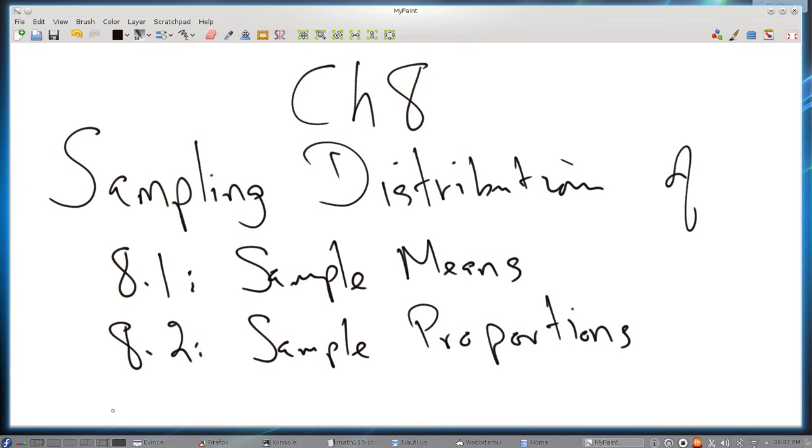sample proportions. Now, up to this point, we have studied quite a number of distributions already in statistics, particularly if you recall from the last few chapters, starting with chapters 5, 6 and 7.